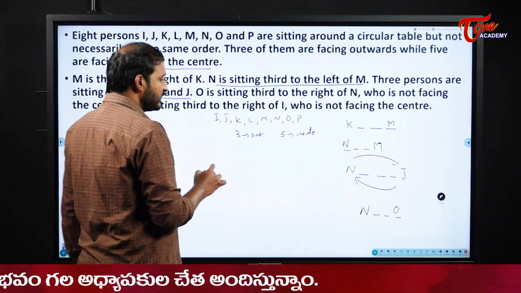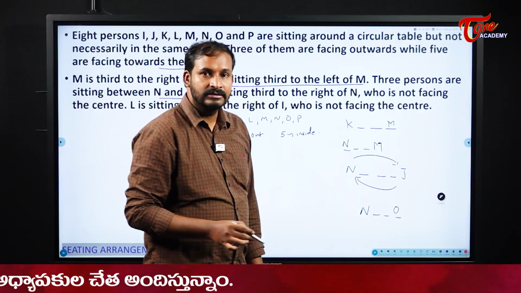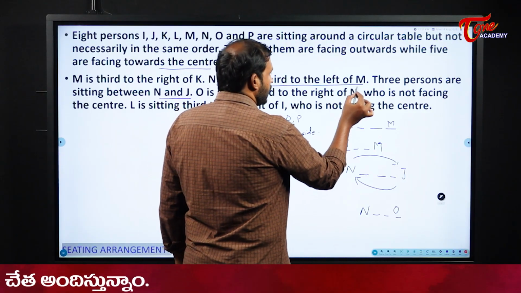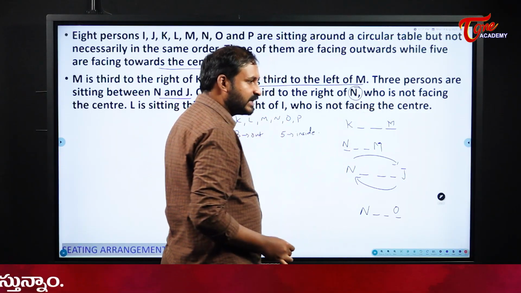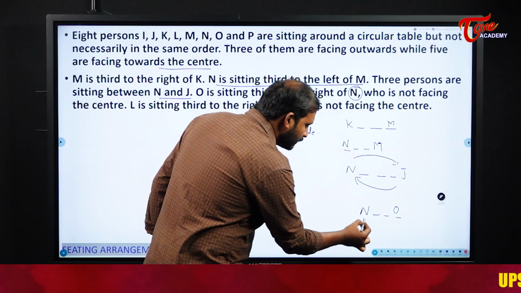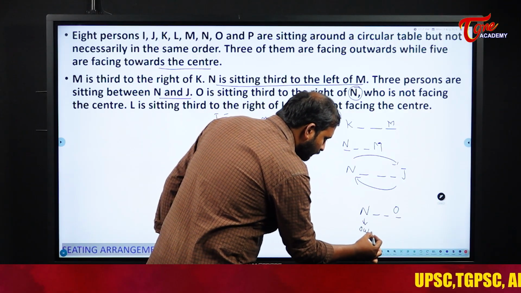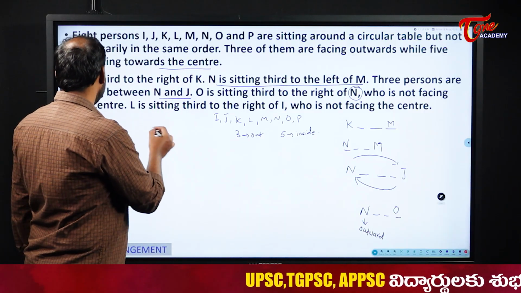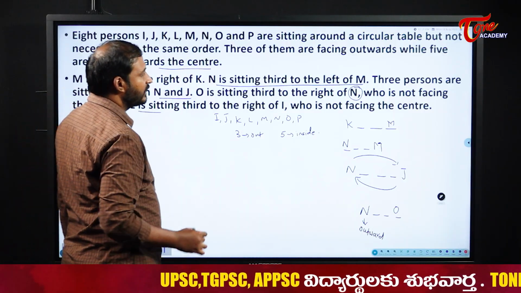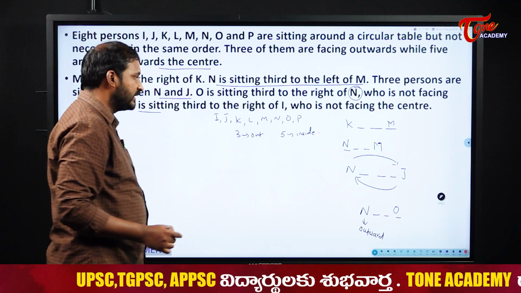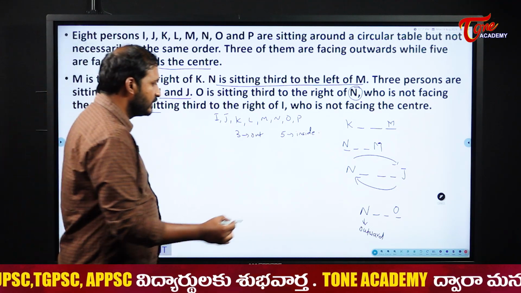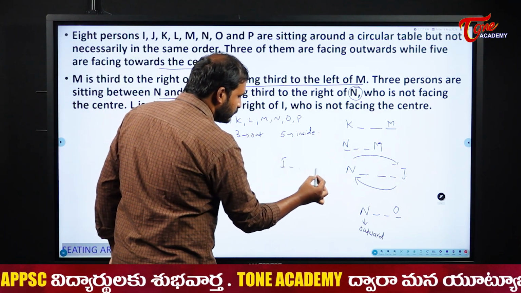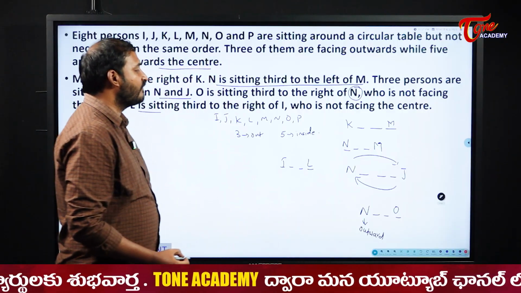Who is not facing the center? That means about whom are they telling? N only. So N will face outward. Next, L is sitting third to right of I. I's third right is L. Who is not facing the center?